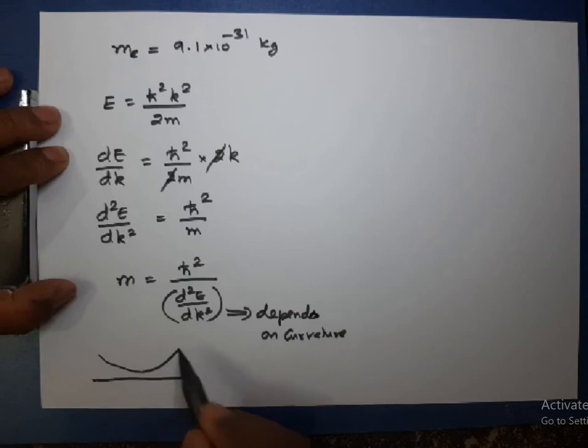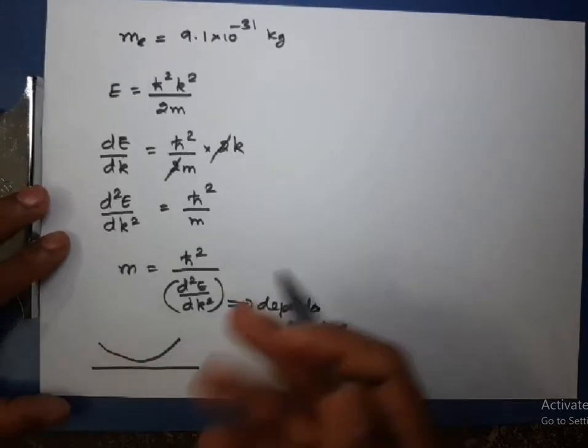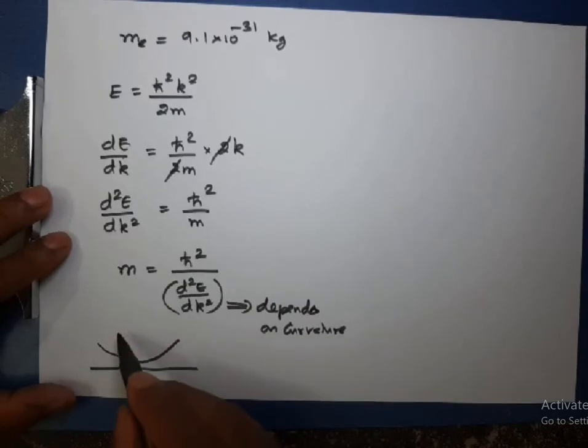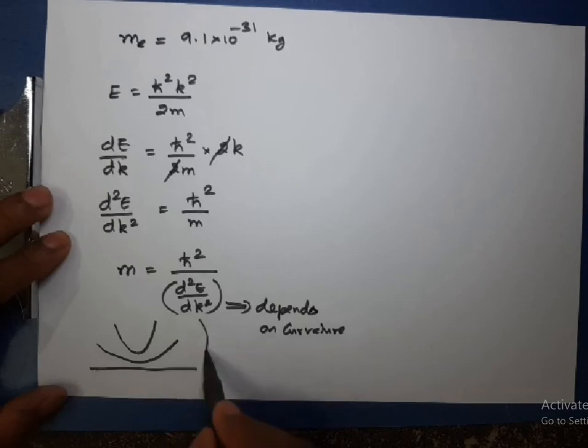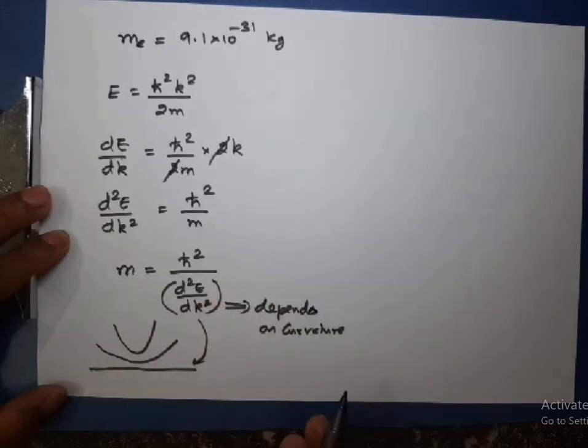As the line bends and forms a curve, the curvature increases. As the curvature increases, the second order differentiation value also increases.